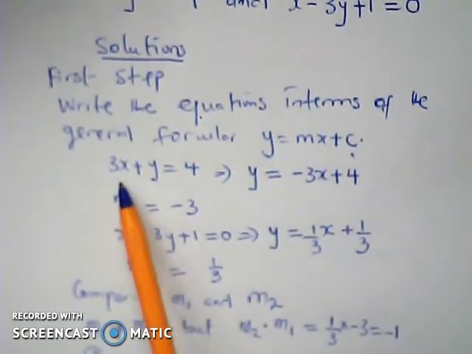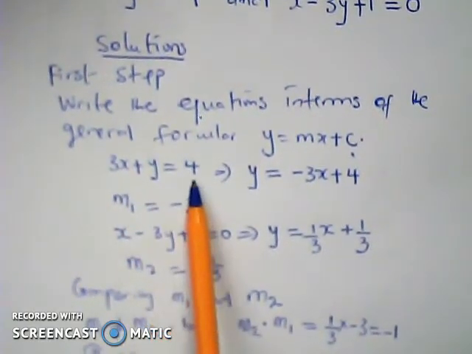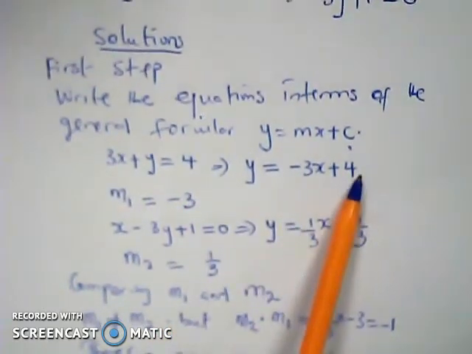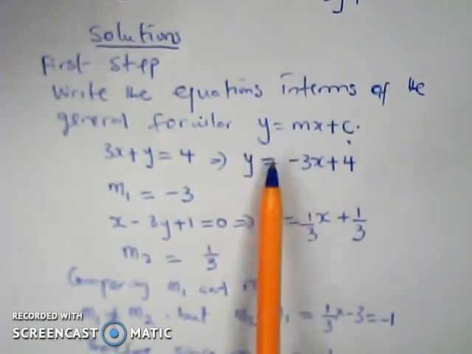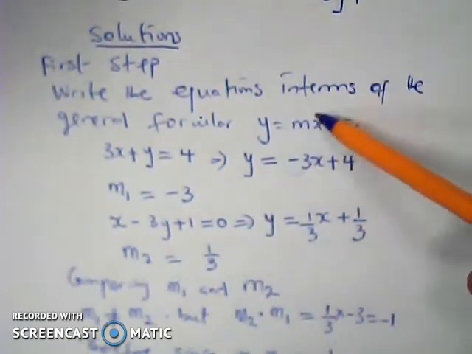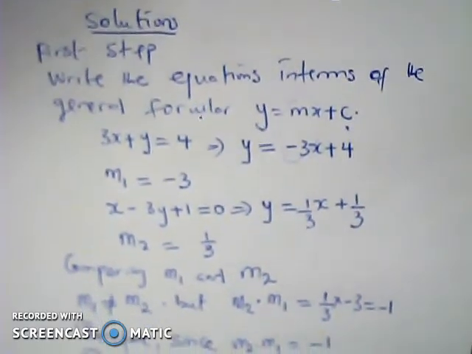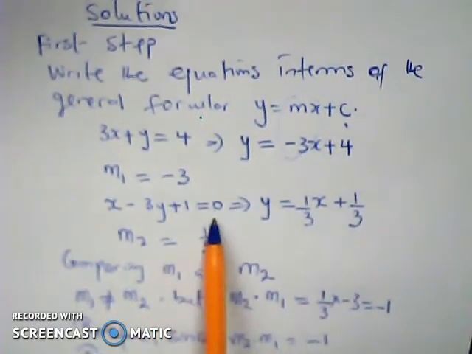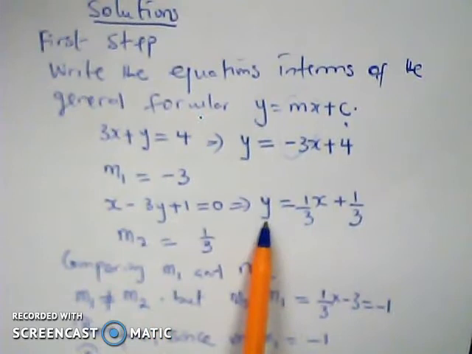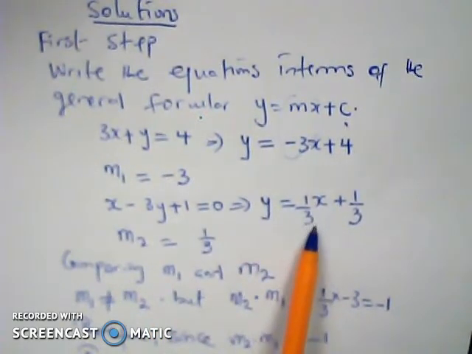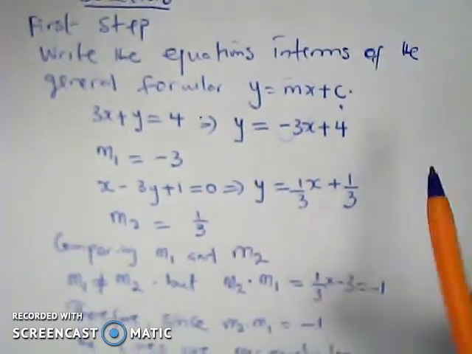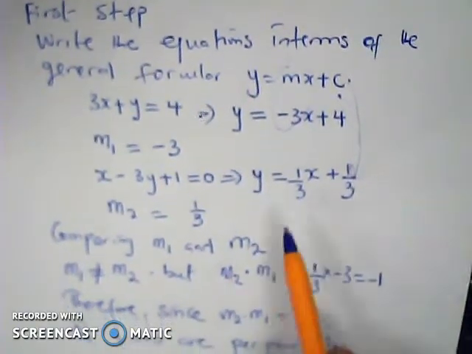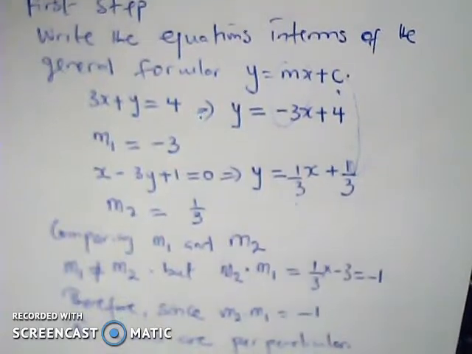If I have 3x plus y equals 4, I make y the subject of the formula and get y equals -3x plus 4. Comparing with the equation of a line, my m is -3. We do the same thing to the second line, x minus 3y plus 1 equals 0. Making y the subject, we get y equals 1 over 3 x plus 1 over 3, so m is 1 over 3.